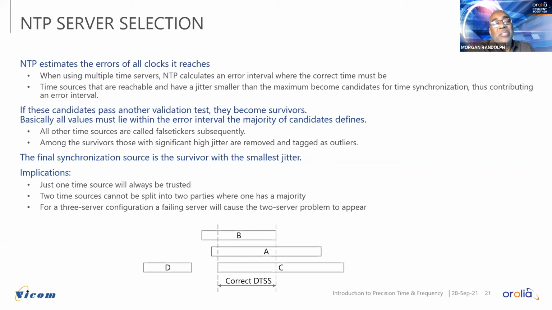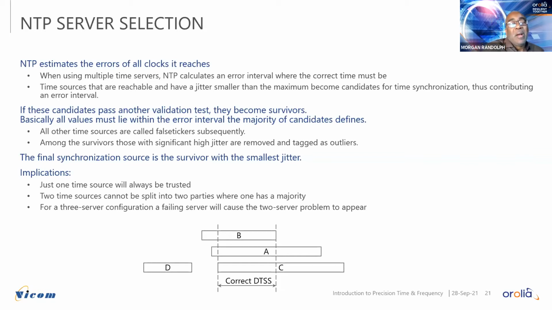And then as they really try to isolate and get closer to the correct time server that they want to use, that's when it says, okay, what else do we got here? Oh, the jitter's off. So if the jitter's off, we're going to get rid of you, okay? The final synchronization source is the survivor with the smallest jitter.